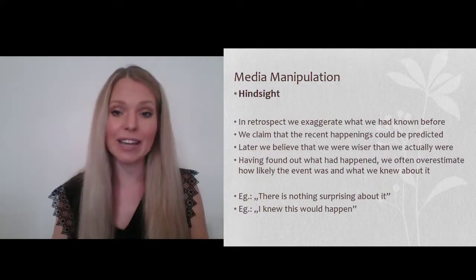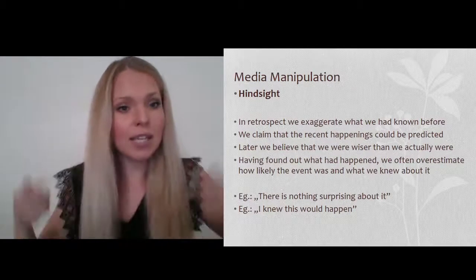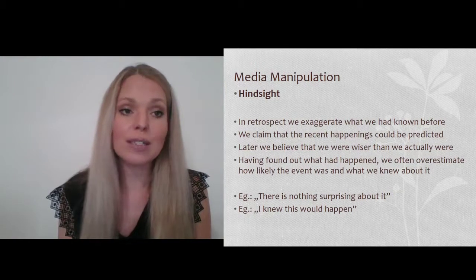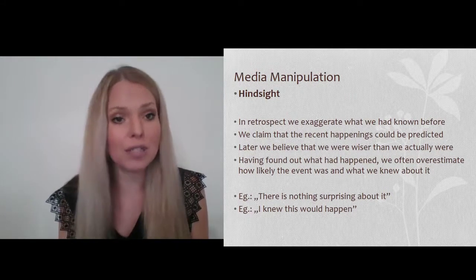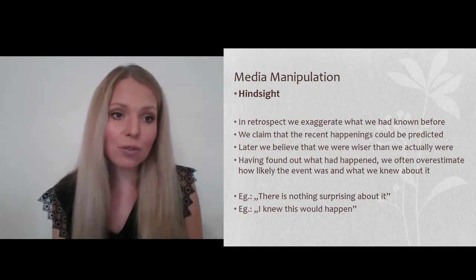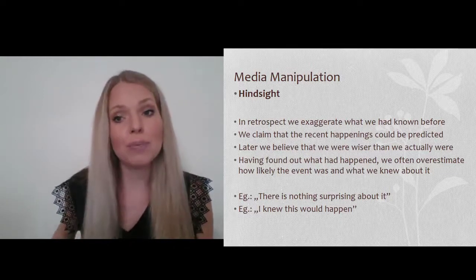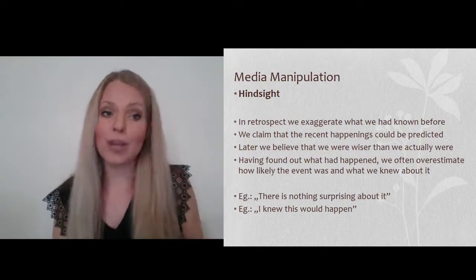Number one is hindsight. Now, in retrospective, hindsight is like looking back. In retrospective, we tend to exaggerate what we had known before. It happens a lot of the times, and regarding media cases too. We claim that the recent happenings could be predicted, and later we believe that we had been actually much wiser than we actually were.